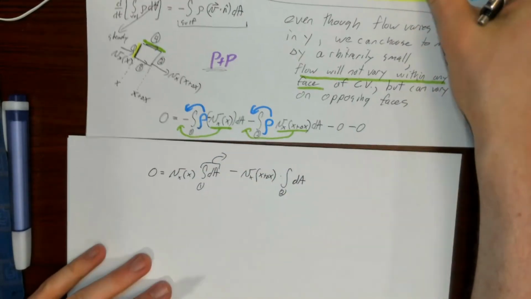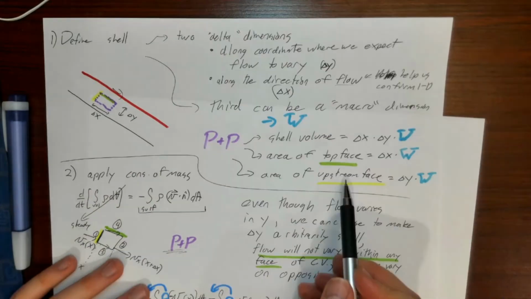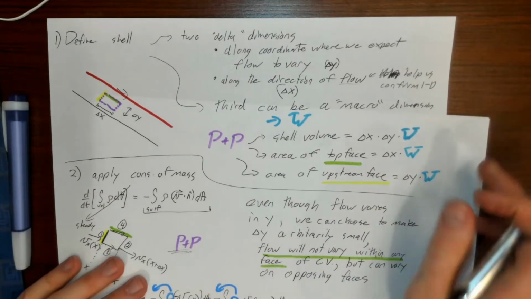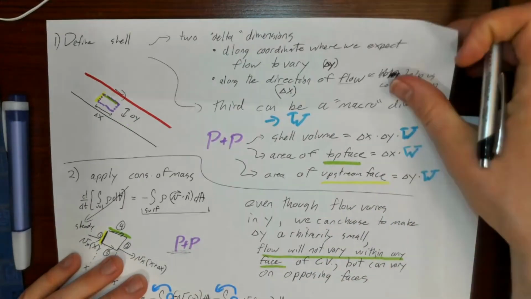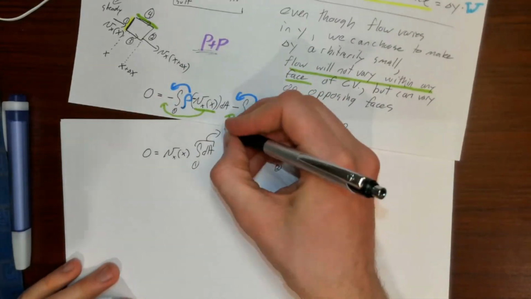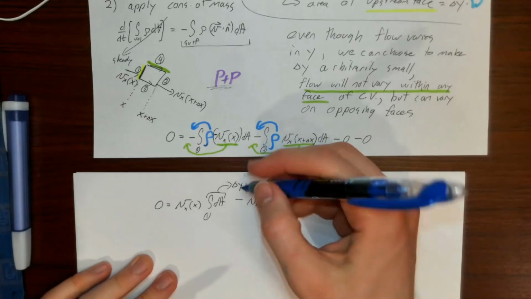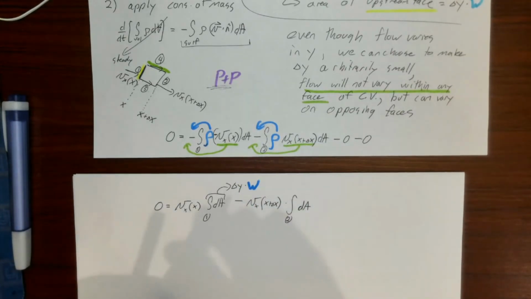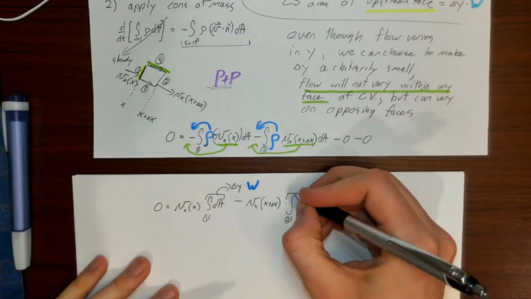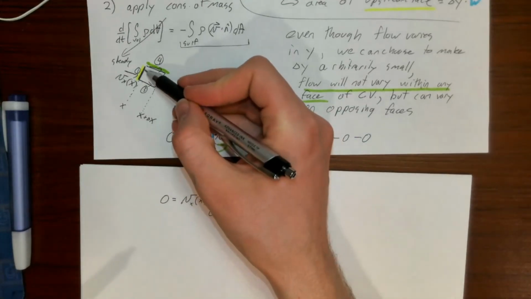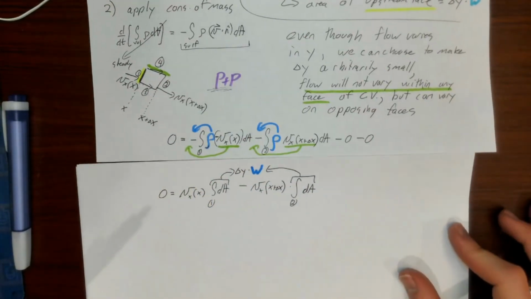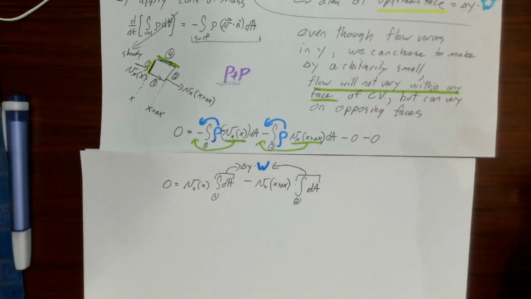And if we go back to the area of the upstream face, that's delta y times w. So this is going to be delta y times w. And as would surface 2, right? Because surface 1 and surface 2 are basically the same, they have the same areas.